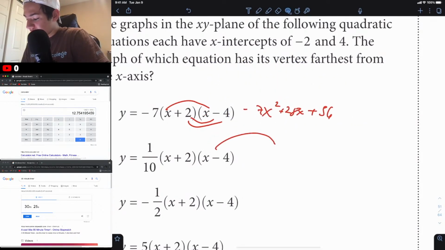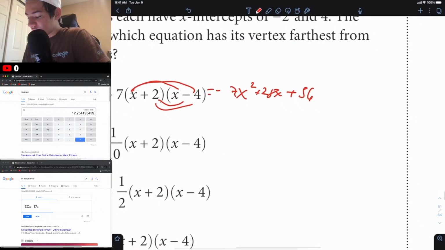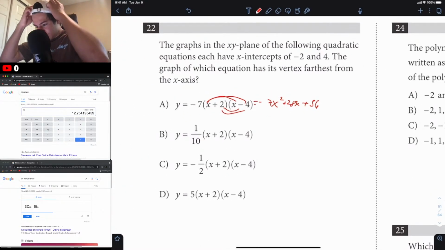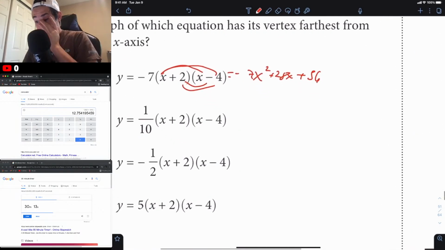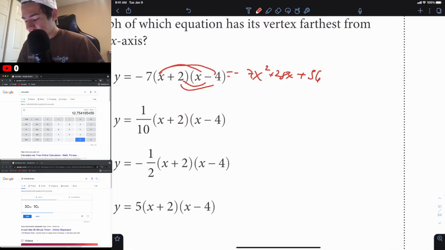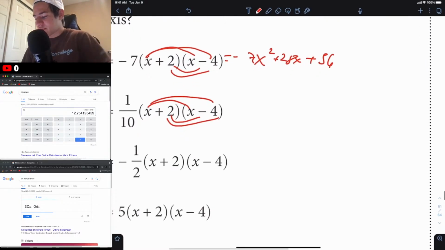So this is the first one distributed. I just distributed everything, right? Nothing crazy. I'm going to do the same thing here. I should just remember. Okay.